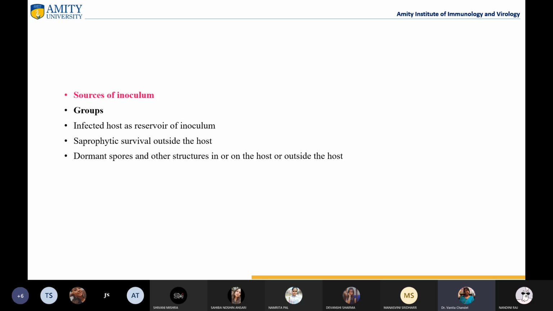Or there could be dormant spores or any other structure on the host or outside the host. Fungal spores remain dormant in unfavorable weather, so whenever they find favorable conditions, they germinate and cause the disease again, right? So these are the sources of inoculum.